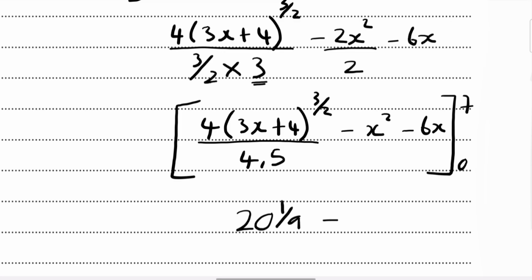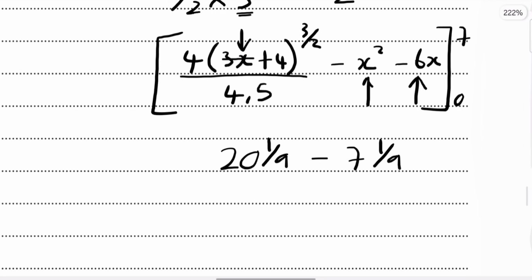Substituting 0, we can see this will be 0, and this will also be 0, and we're left with 8 over 9 times 4 to the power 3 over 2, which gives us 7 and a ninth.